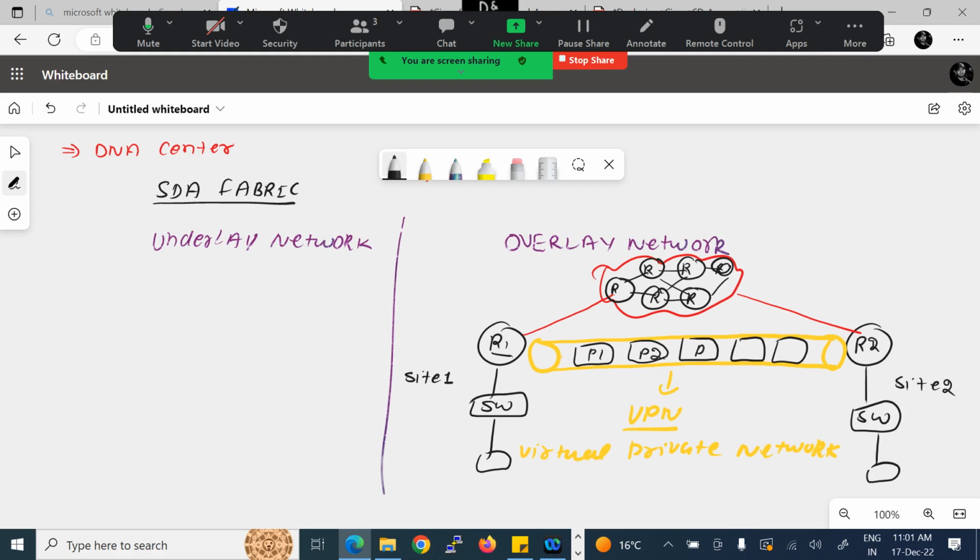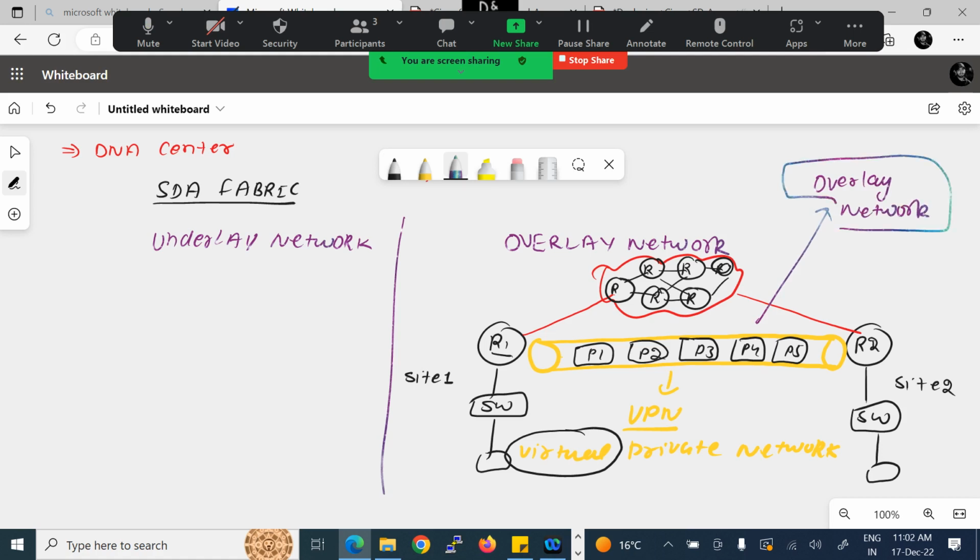Packet 1, packet 2, packet 3, packet 4 and packet 5. That's why we call it virtual. So I call this virtual private network an overlay network.